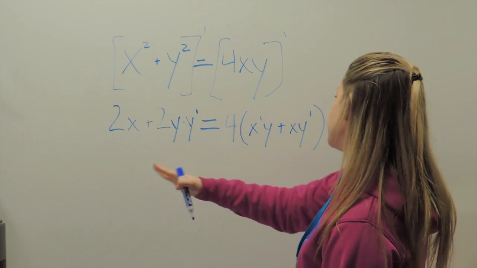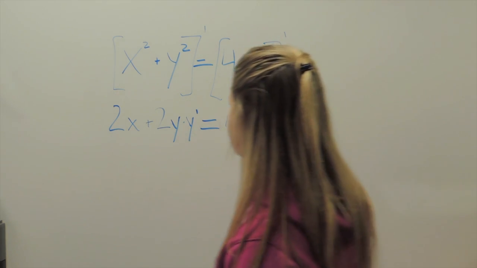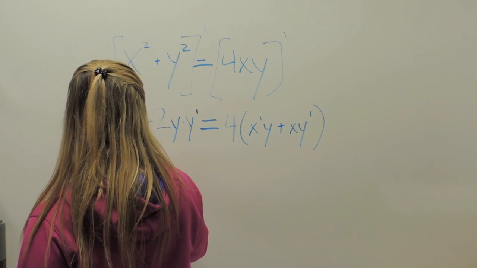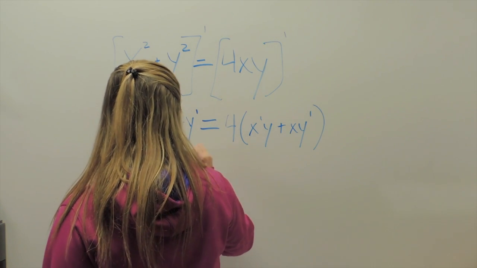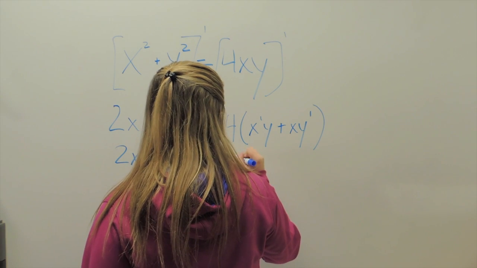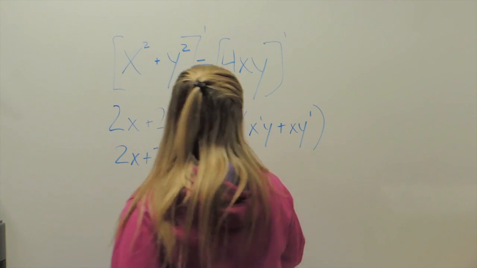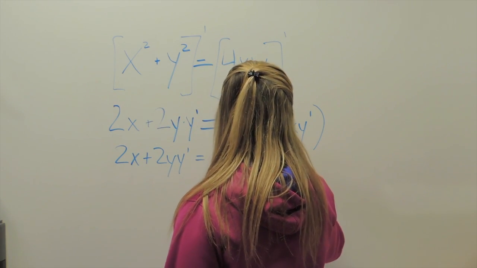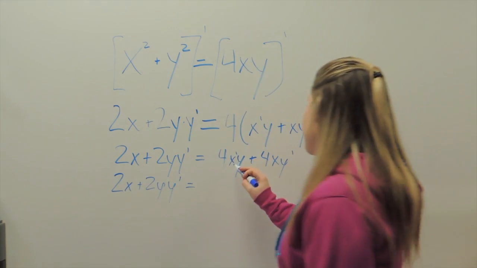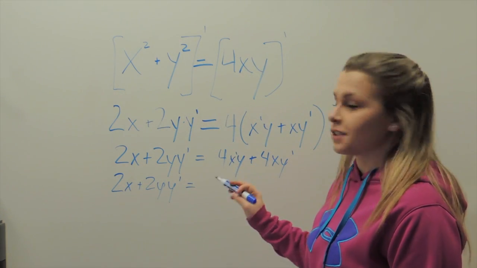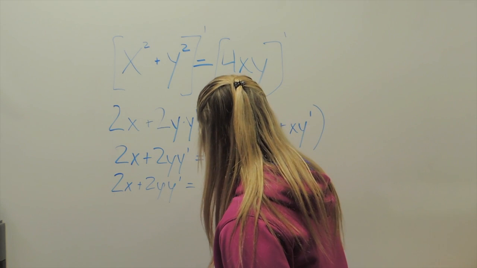And then you want to simplify all of this. So right here you have x prime, and the derivative of x is just 1. So that changes to just 4y.